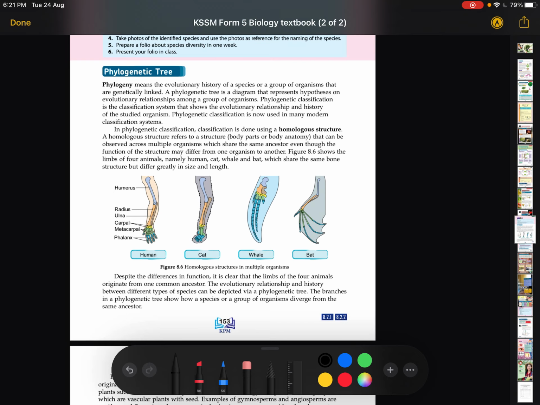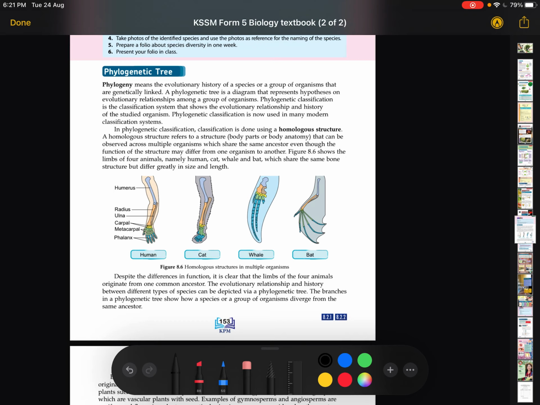Next is phylogenetic tree. Phylogeny is used to show the evolutionary history of a species or a group of organisms that are genetically linked. What that means is a phylogenetic tree is used to show how much a certain characteristic has evolved over time.